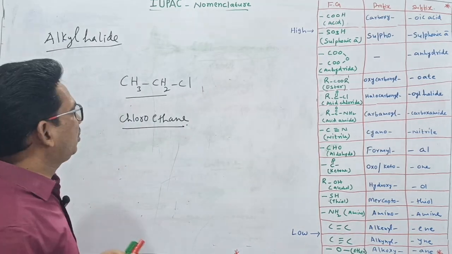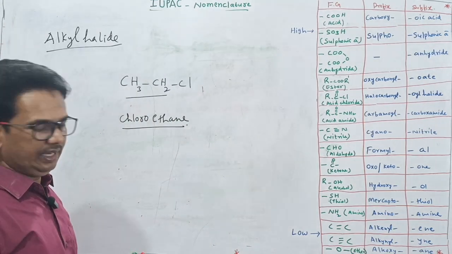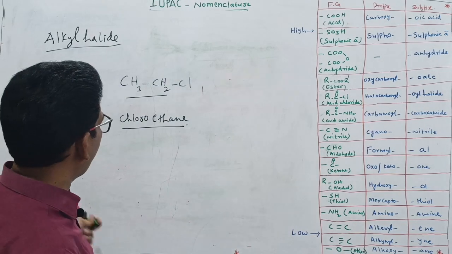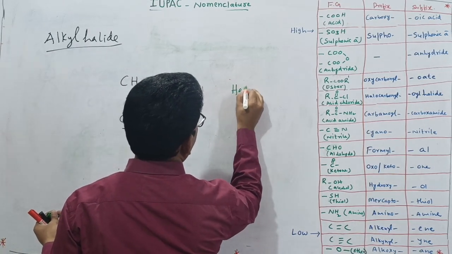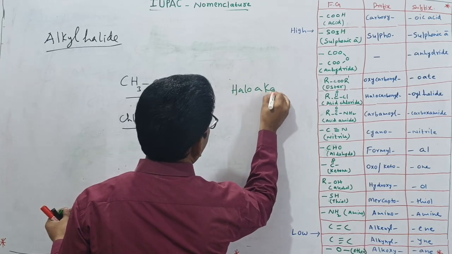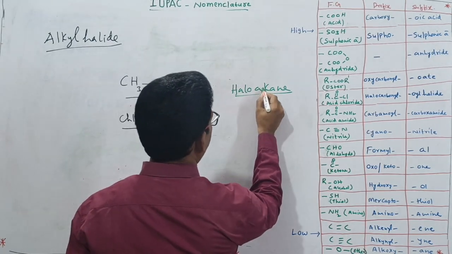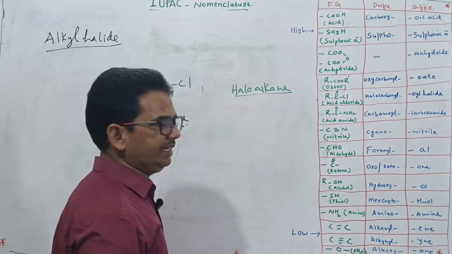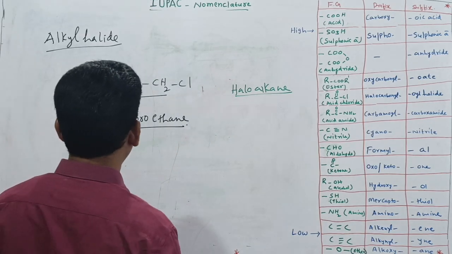Chloroethane means the halogen is written as a prefix. That's why, according to IUPAC, haloalkane. Any halogen followed by the alkane, that's why it is haloalkane. Then I will give another example.